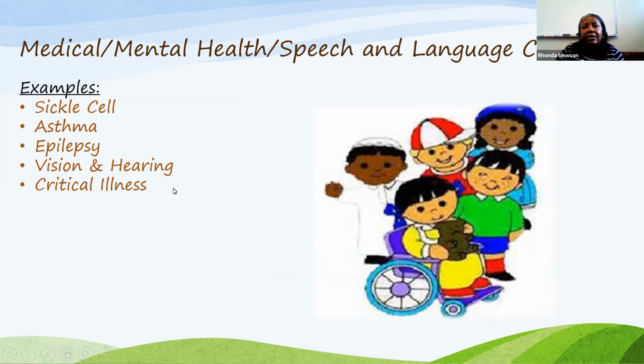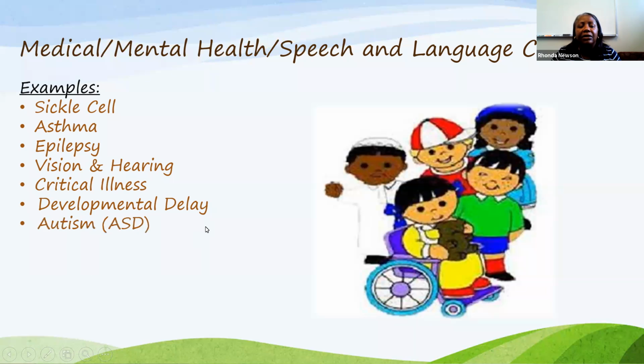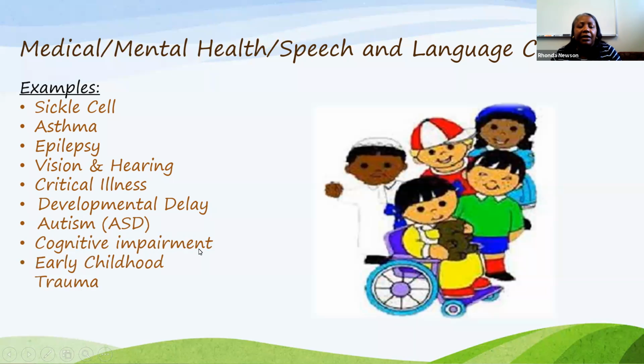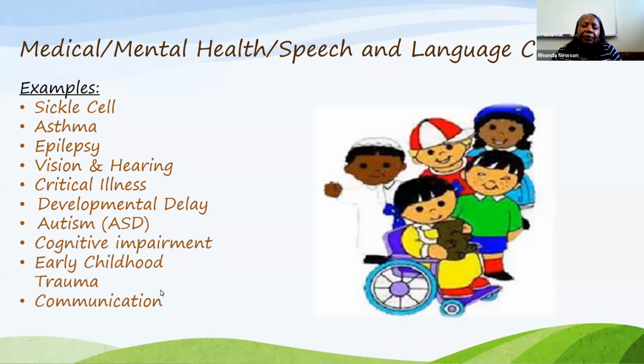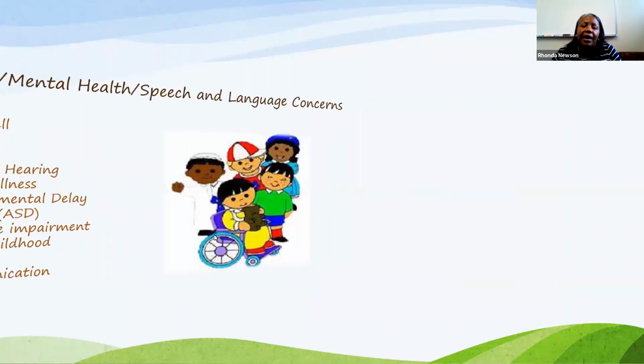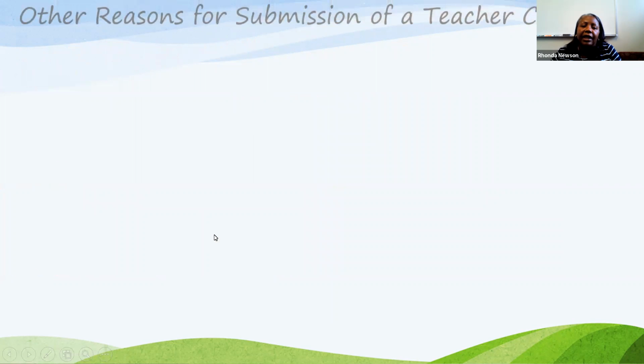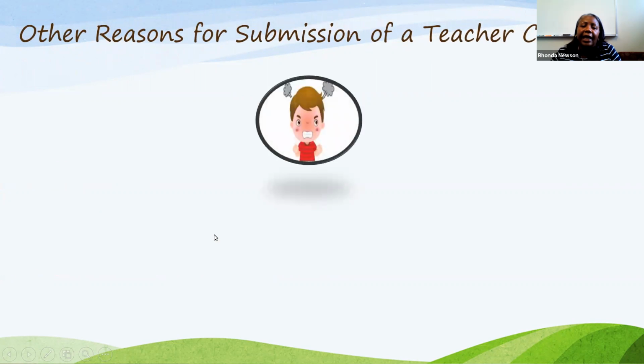There's a lot of illness that's critical that still lets a child be in our program and be a participant in our program. You have developmental delays, you have autism, you have cognitive impairment, early childhood trauma, and you have communication.